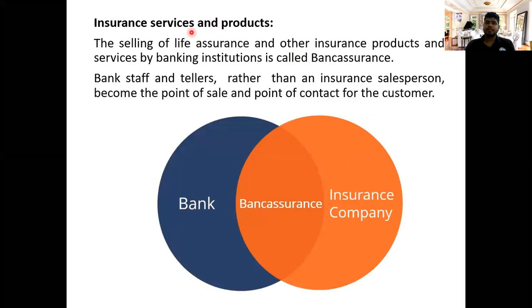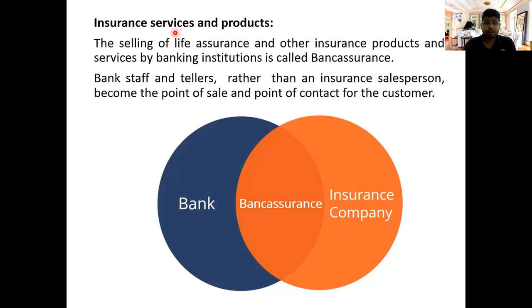And another thing, the bank sometimes also provides insurance. Sometimes banks will encourage you to make an insurance policy, a life insurance policy, a medical insurance policy, right? Sometimes we may get confused. So is it a bank or is it an insurance company? So it has another name.